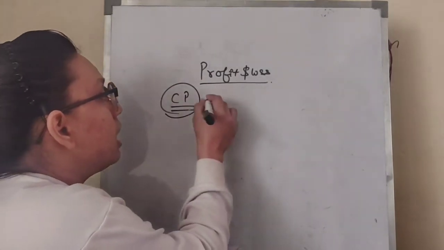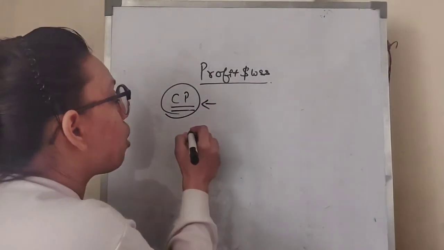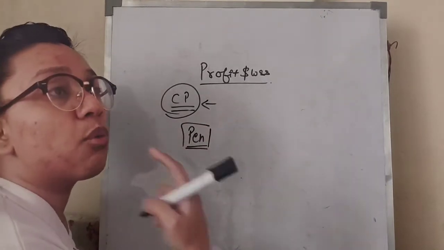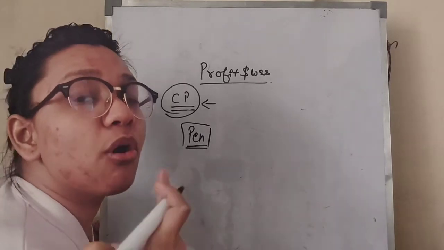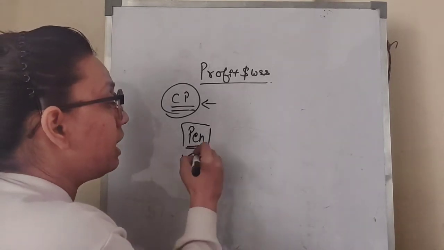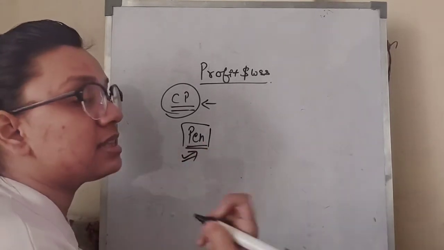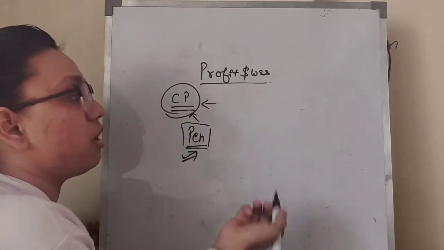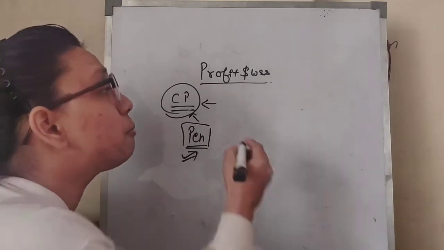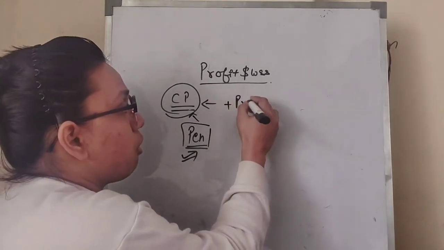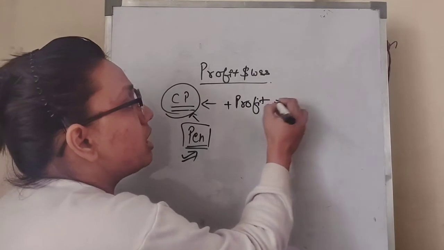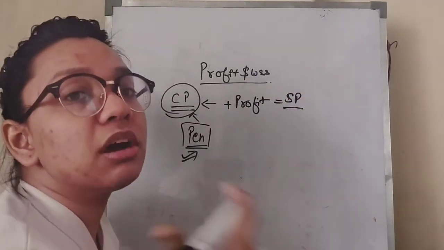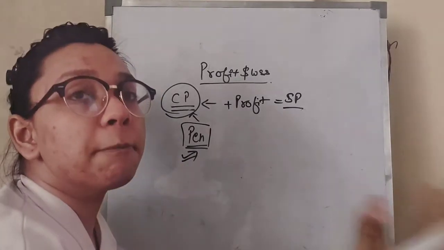The CP, for example, if I'm talking about a pen, what is the cost price of that pen? The manufacturing price of that pen is referred to as cost price. When we add the profit part to cost price, we receive selling price, that is the price that is actually available to the consumer for purchasing.